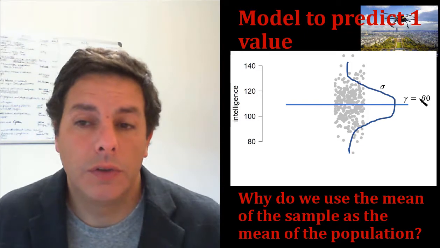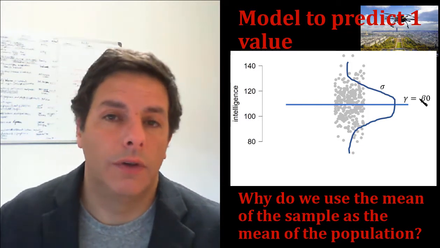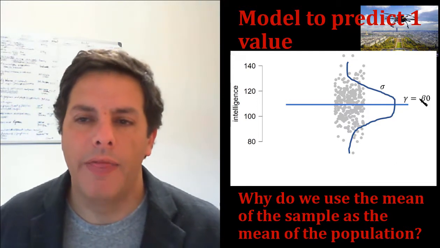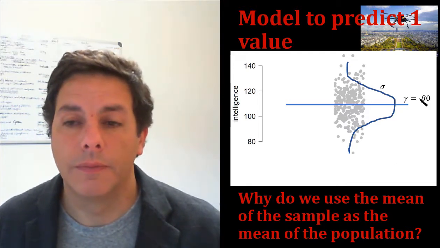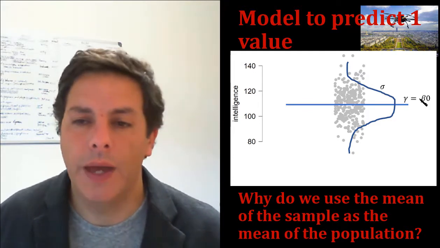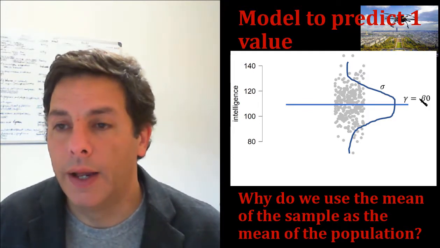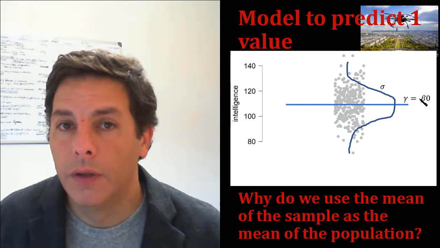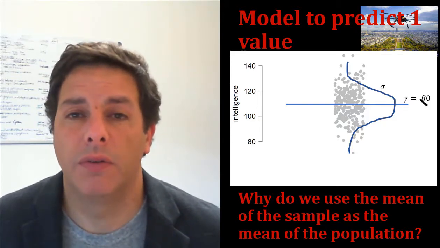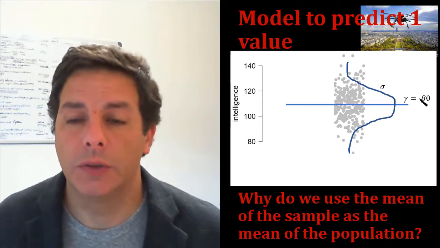So basically what you do is you create a population of values, and then you obtain a random sample from that. And you use some values of that sample to make a prediction of the population.